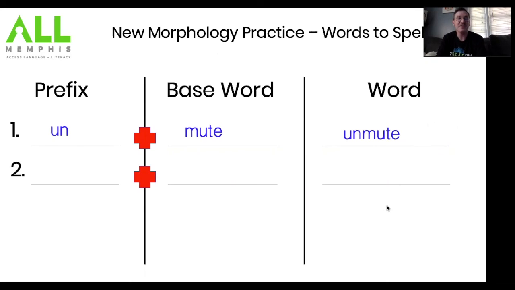Great. Now let's write the base word. Remember, in this column right here, twist. What's the word? That's right, twist. Let's finger segment it together. Twist. Go ahead and write that on your paper now.